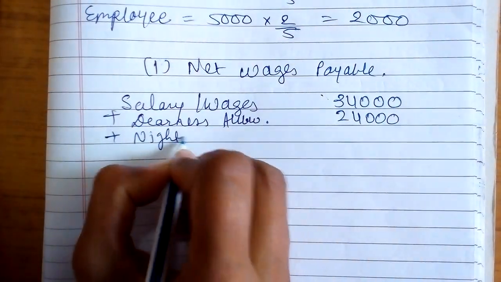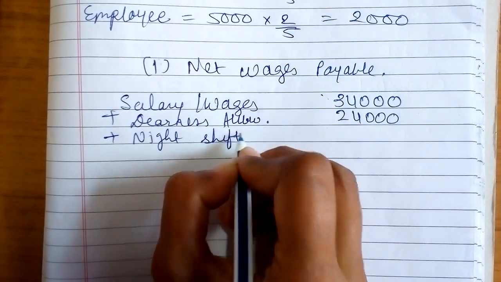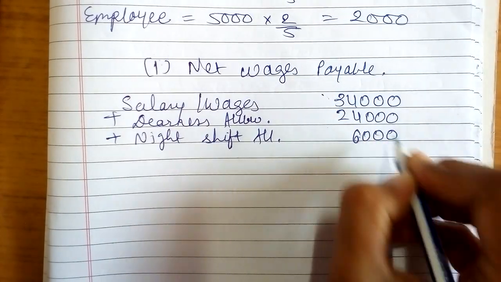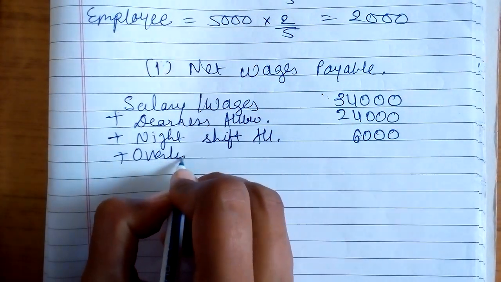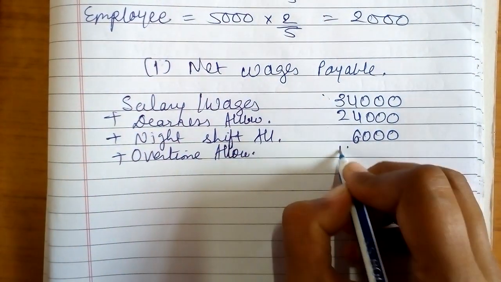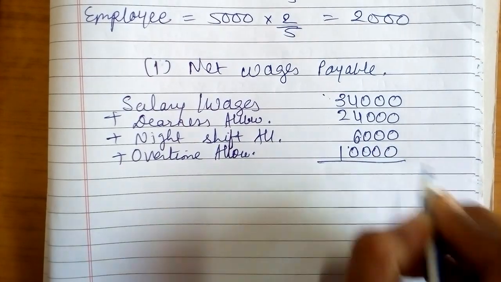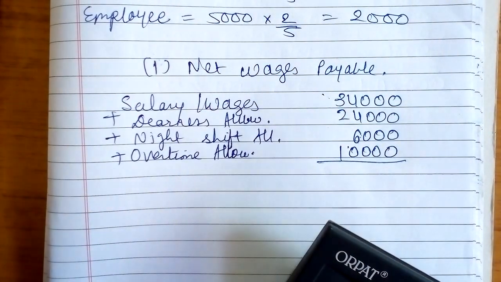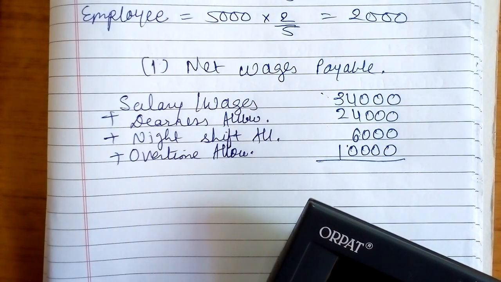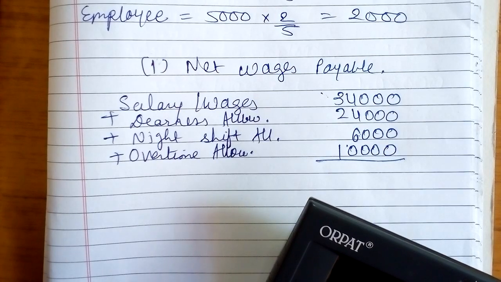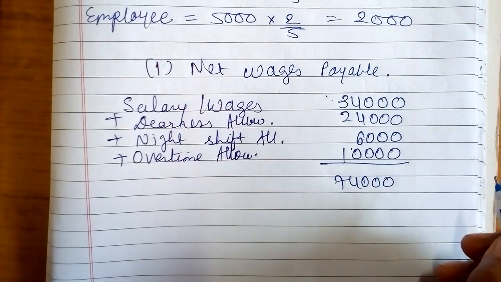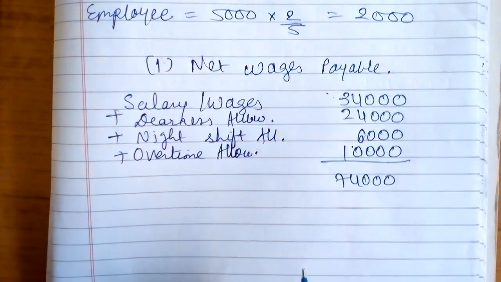So plus night shift allowance 6,000. Then overtime allowance rupees 10,000. So this can be considered as a part of your wages. So 34,000 plus 24,000 plus 6,000 plus 10,000. So that will be 74,000, right? So this can be called total wages, right?